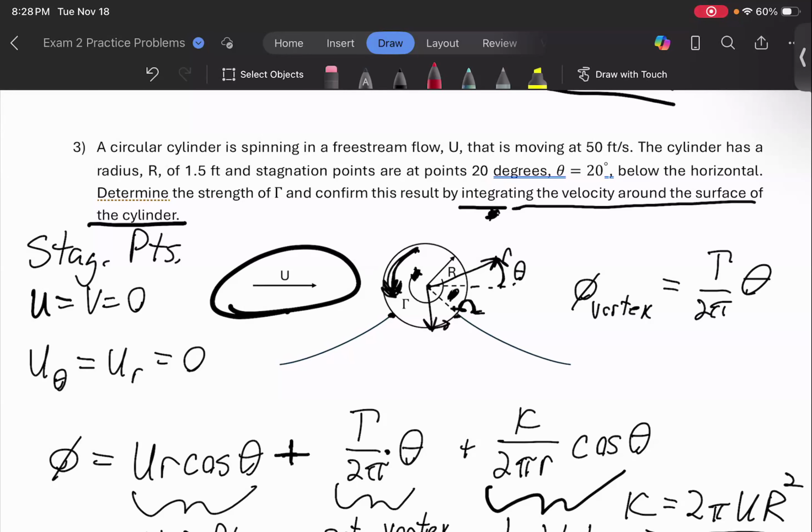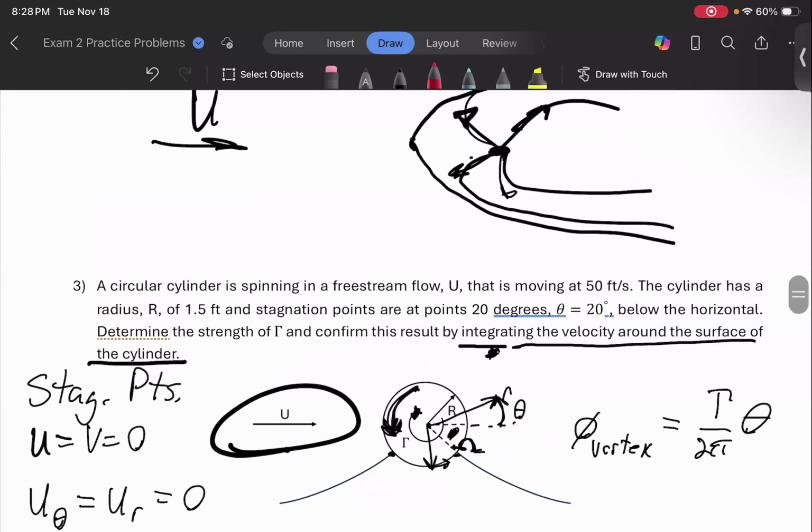So a doublet on the origin is effectively, if it's not spinning, a reflection of itself. And so if you had a doublet, like the Quonset hut in the homework problem, where you have a doublet and a free stream, you just do everything the same as a doublet. You just don't evaluate the velocity down here because that's underground.